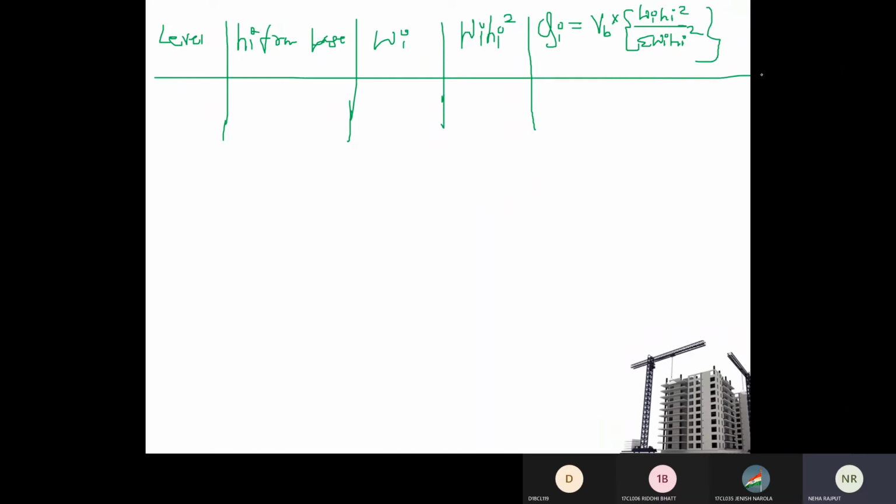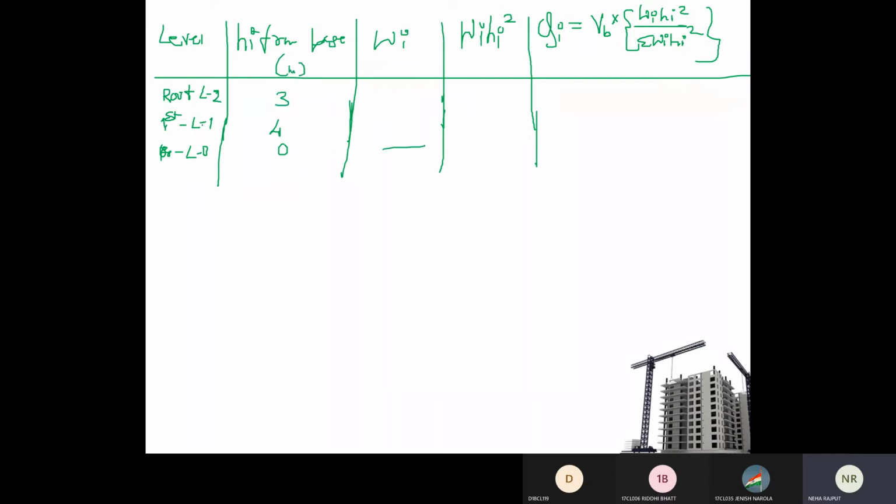You need to start with your top floor. So this will be your roof level, or you can write level 2. This is your first floor, level 1, and this is your foundation level, level 0. So height is 0, this is 4 meter, this one is 3 meter.